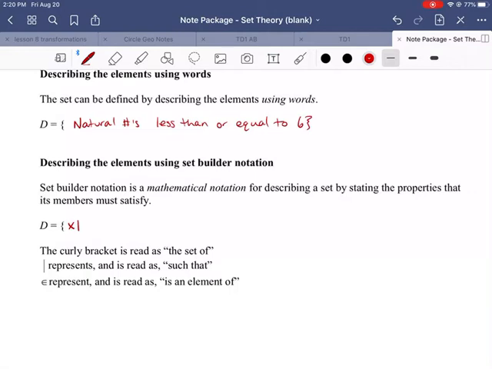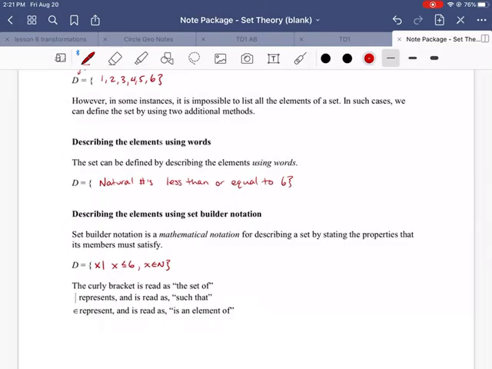So we've got the set D. The set D is equal to the elements of x such that, and here's where we're going to define stuff. x is going to be less than or equal to 6, and x is an element of the natural numbers. So we've defined all the same things, but 3 different ways.